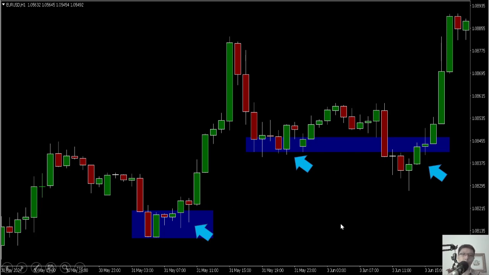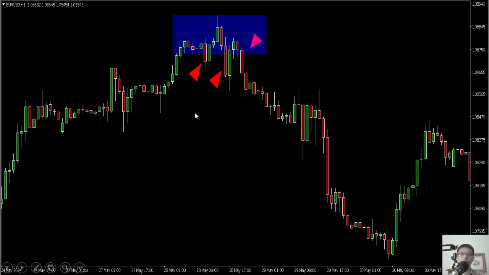Okay. In this example, you can see that there is a 3 push. 1, 2, 3. Because this red candle closed below resistance. So this is a resistance area. This red bearish candle closed below this resistance area.